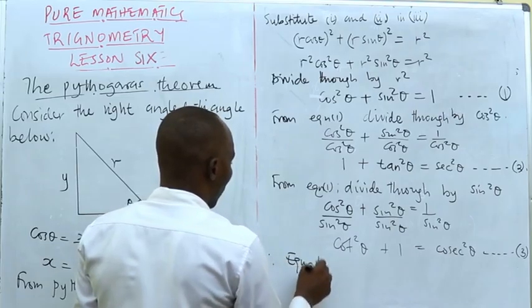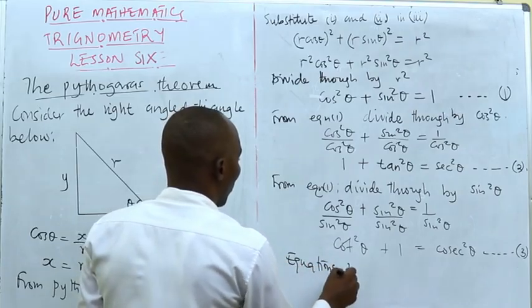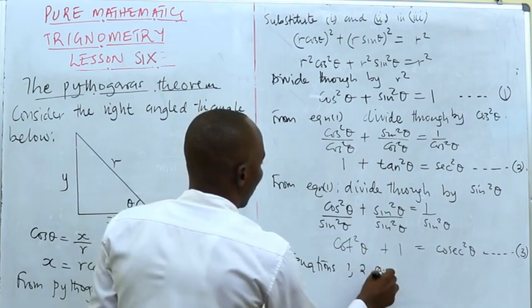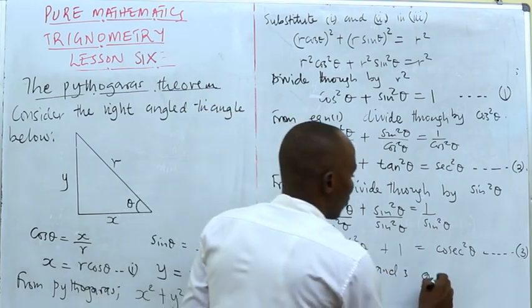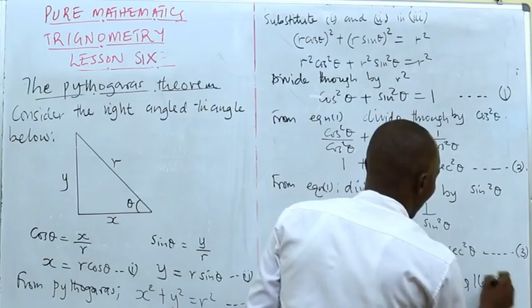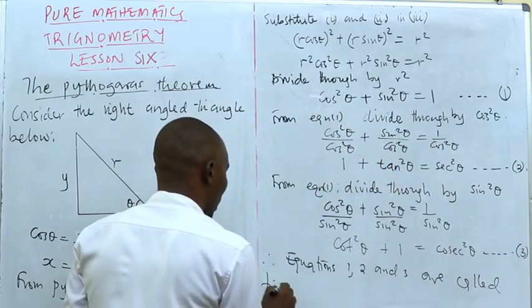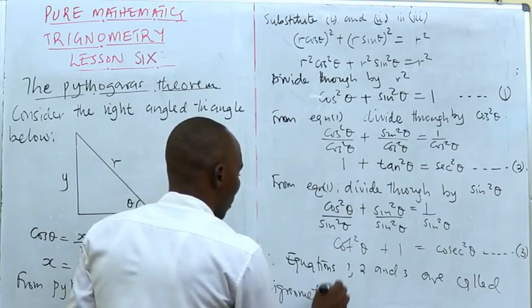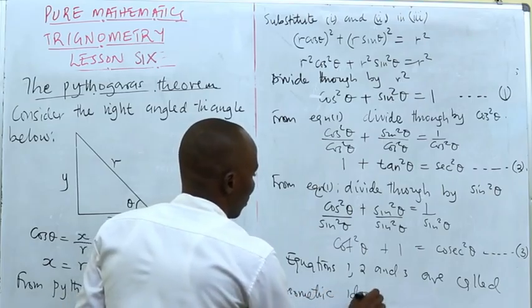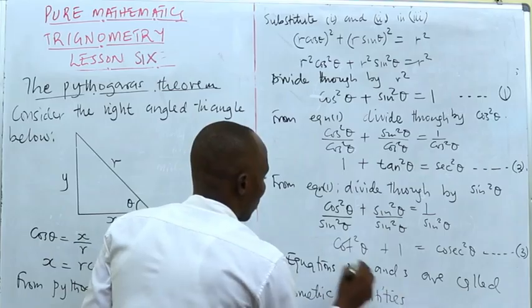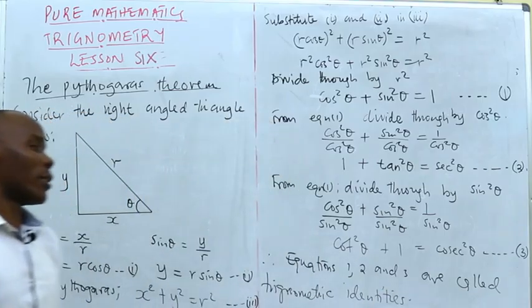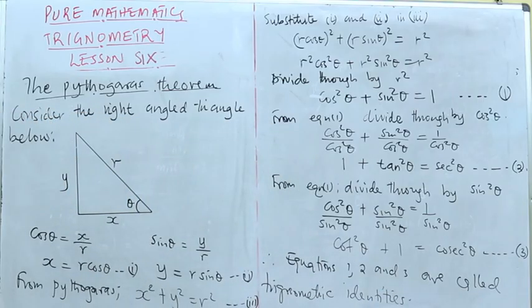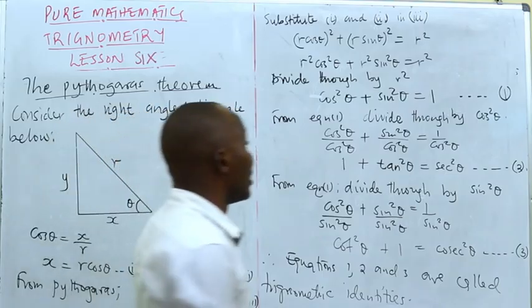So therefore, equations 1, 2, and 3 are called trigonometric identities.